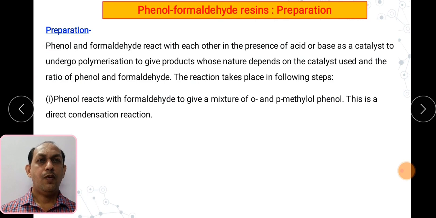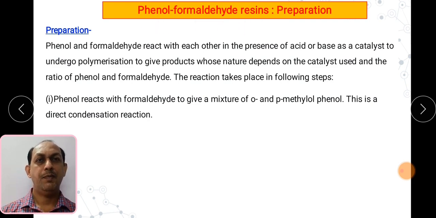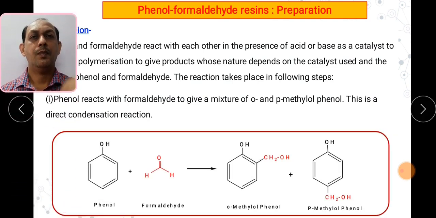Then phenol formaldehyde resins. We have seen the resins and we know that this is a type of polymer based upon their properties. So basically phenol formaldehyde resin, नाम में ही है कि phenol and formaldehyde के रिएक्शन हो जाने के बाद जो कंपाउंड्स बनते हैं उसका नाम है phenol formaldehyde resin.